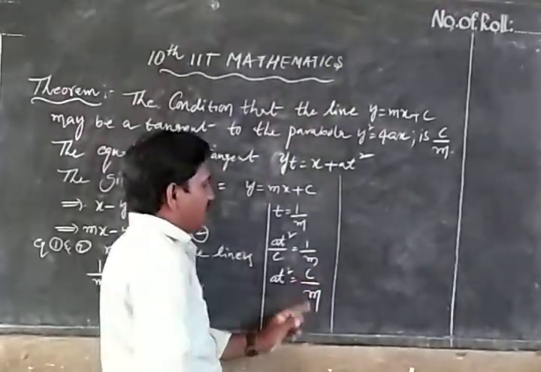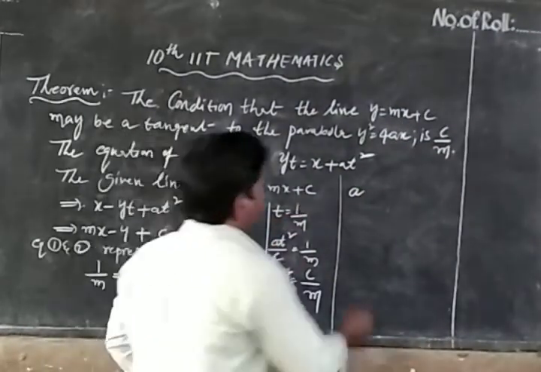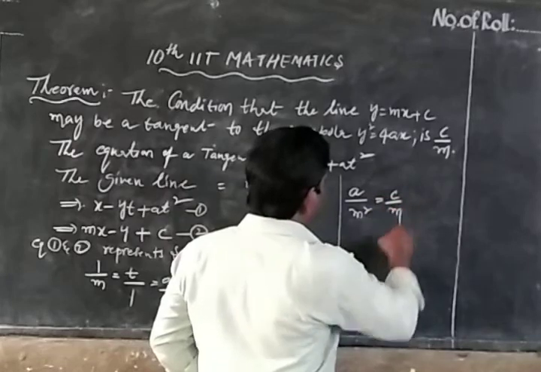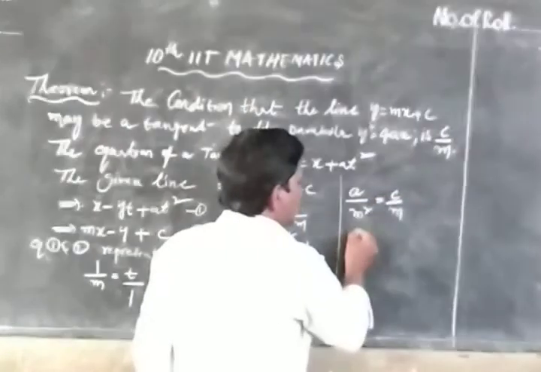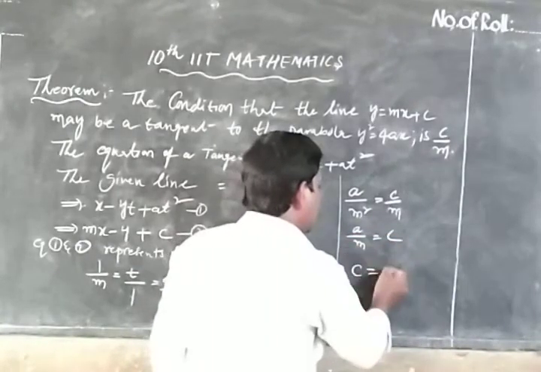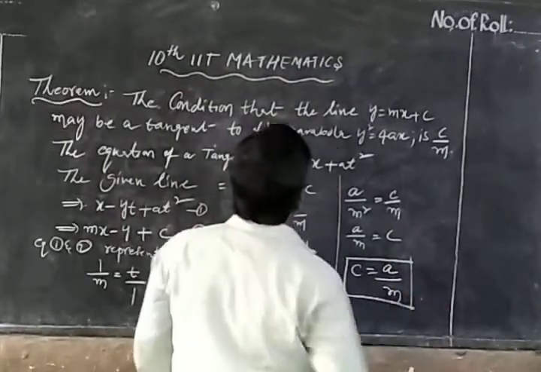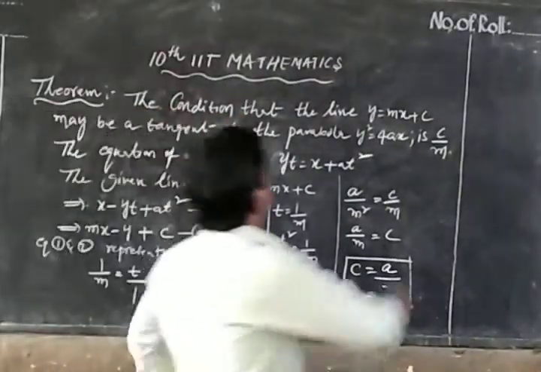What is the t value here? 1 by m. That means a by m square equal to c by m. Now m cancels m square one time. That means a by m equal to c. Then c equal to a by m. We got it.